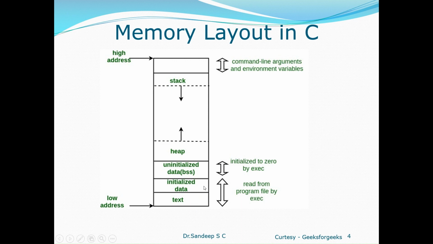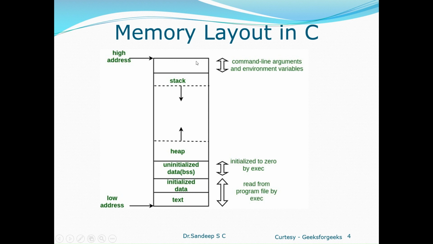So this is how memory is organized in a C program: code segment, data segment, heap segment, and stack segment. These are the four basic classifications. In the data segment, a separate BSS section is made for the uninitialized data. Then we have another section for the command line arguments.